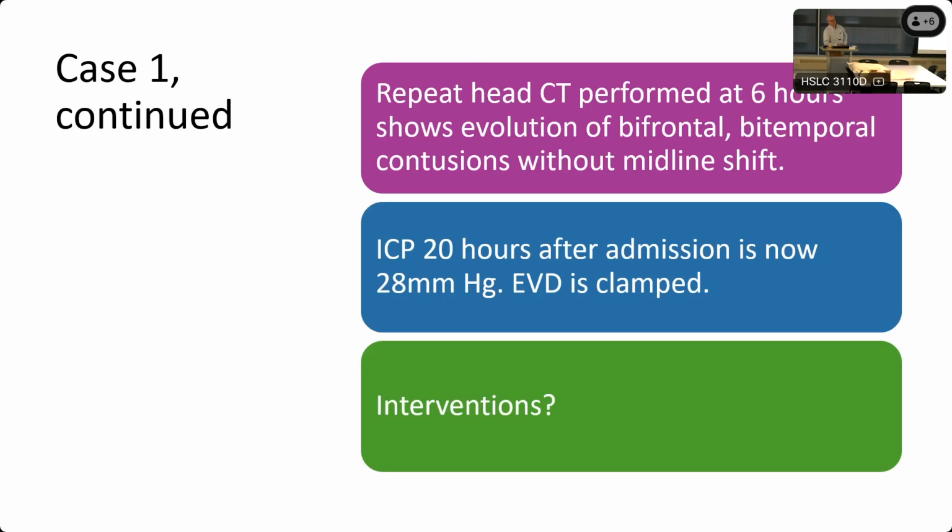One way to check the level of the water column is to raise the EVD setting until you see, like, if it's at 23 and it's still draining, it's obviously greater than 23, but if it's at 16 and you've got some pulsatility, that'll give you some estimate of what the ICP is.